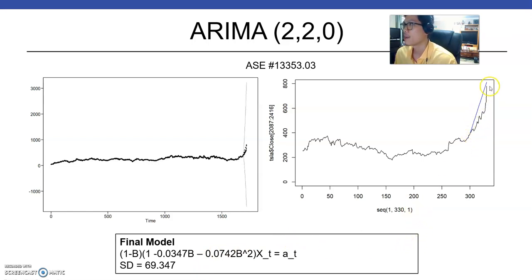The forecasting behavior was able to follow the trend, the recent increase, if you will, in the Tesla stock prices. It did a good job of following this unexpected increase. Notice that the ASE score here is 13,000, an improvement.